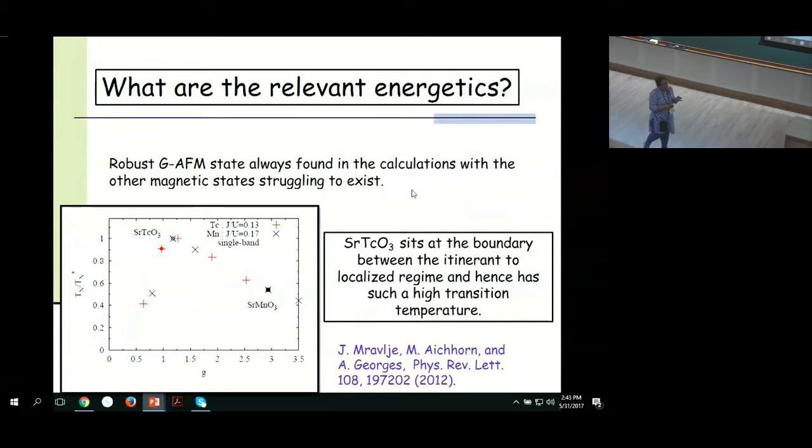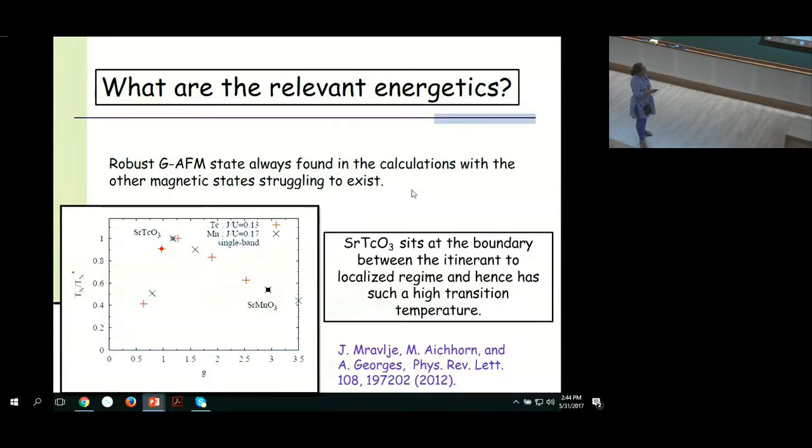There are two aspects when you want to think about magnetism. One is the local moment formation, and then how the local moments talk to each other. The localization physics governs the fact that there is a local moment at each site, and the hopping interaction strength between the sites governs how the moments talk to each other.